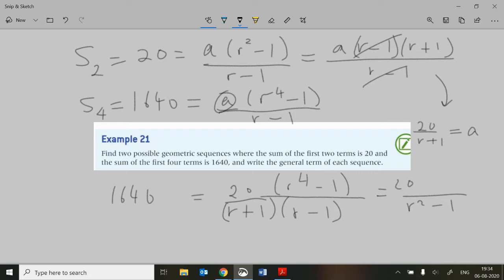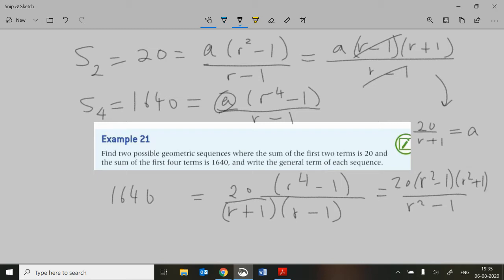These things you kind of have to recognize, and you're expected to be able to do that. And there's a difference of two squares on the top here as well, so we can factorize this. We can have r squared, and 1 squared gives us this, so this is r squared minus 1 and r squared plus 1.